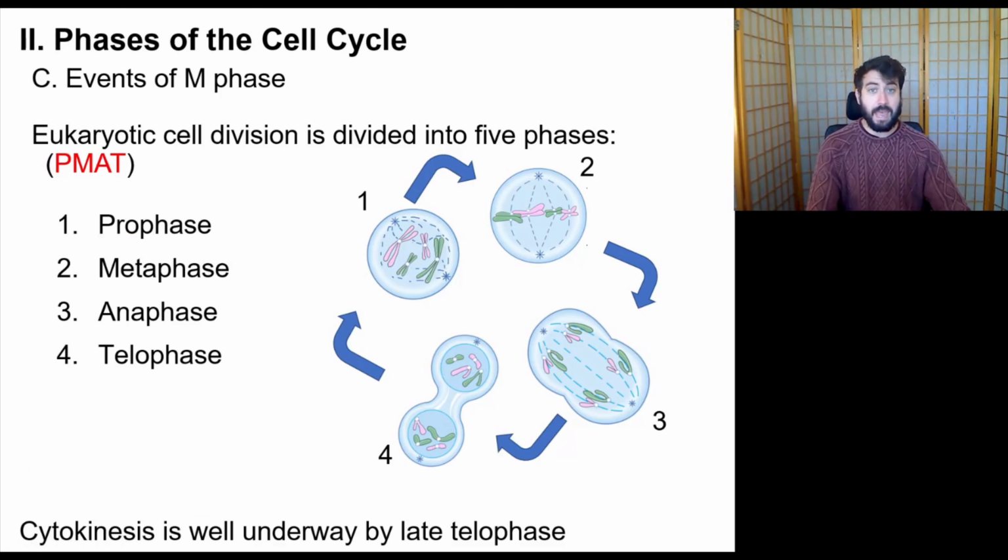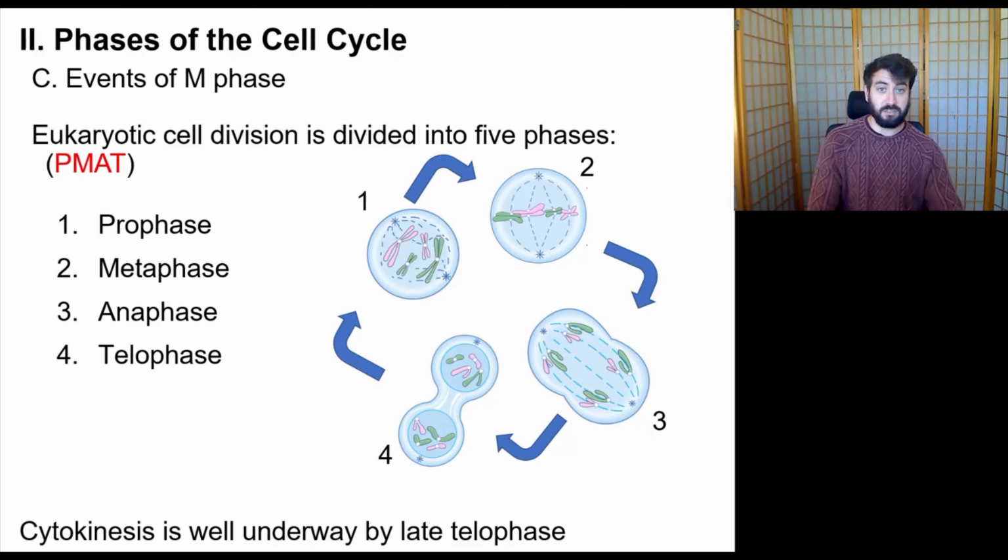Now we're on to M phase, or mitotic phase of the cell cycle. The eukaryotic cell division, also known as mitosis, is broken up into 4 steps: prophase, metaphase, anaphase, and telophase.